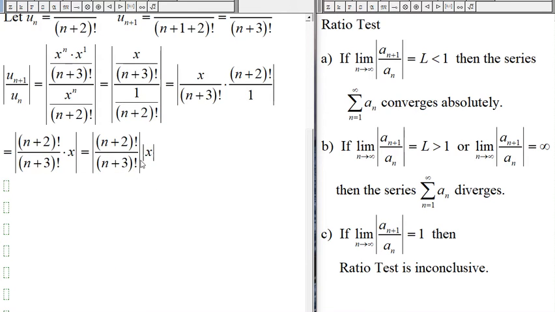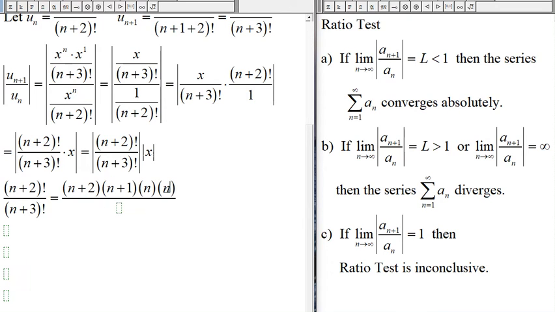And now we need to simplify this part. (n plus 2) factorial just means n plus 2, and then subtract 1, we get n plus 1, and then subtract 1, we get n, and then subtract 1, we get n minus 1. And then eventually it will come down to 3, 2, and 1. And then the difference between n plus 2 and (n plus 3) factorial.